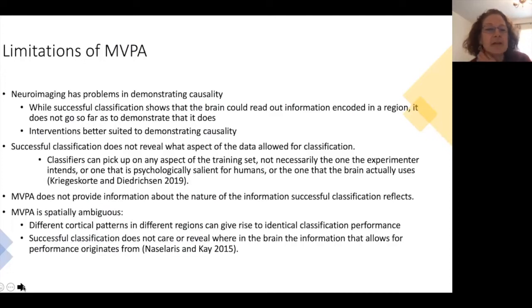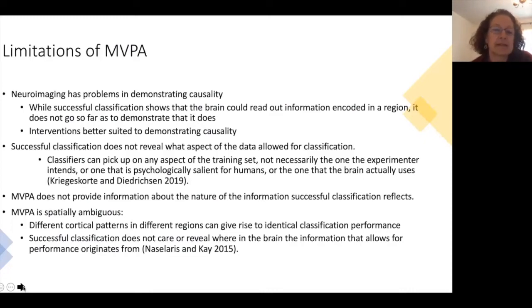So, for instance, you might have something about a background in a task that correlates with the object. Let's say this is a visual recognition task. If you have aspects of the background that happen to correlate with the class of object, it's possible that what you're picking up on is the background and not the object.